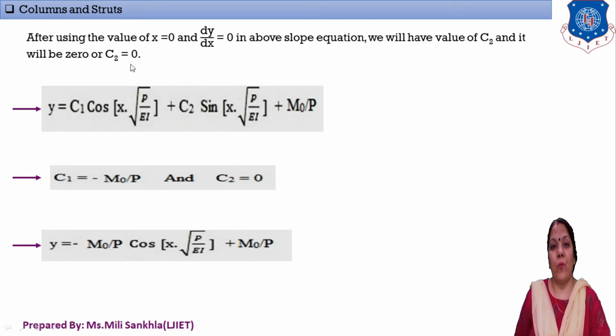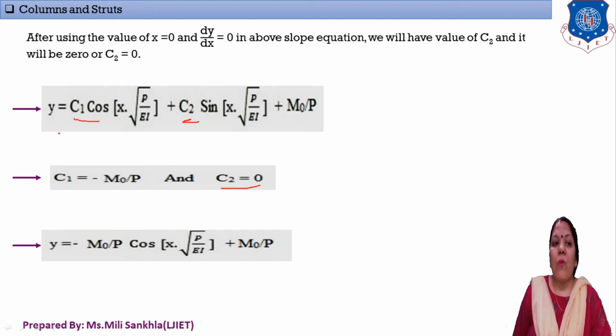Now our differential equation is y = C1 cos(x√(P/EI)) + C2 sin(x√(P/EI)) + M0/P. Now one by one we find the values. C1 is equal to M0/P, and this constant C2 is equal to 0.